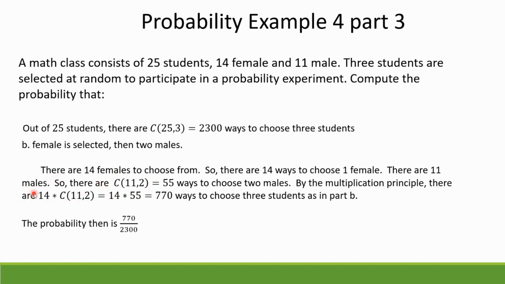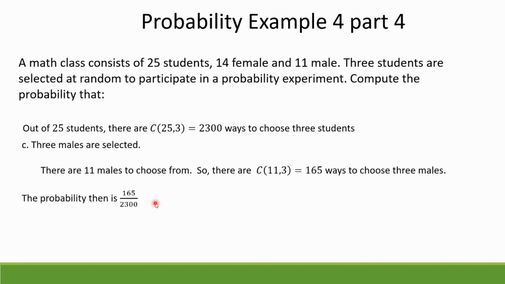It's the counting or multiplication principle. Which turns out to equal this product. Remember the multiplication principle: you just multiply to get the total number of outcomes. So we get this, and therefore the probability is this quotient. Okay, that's good.